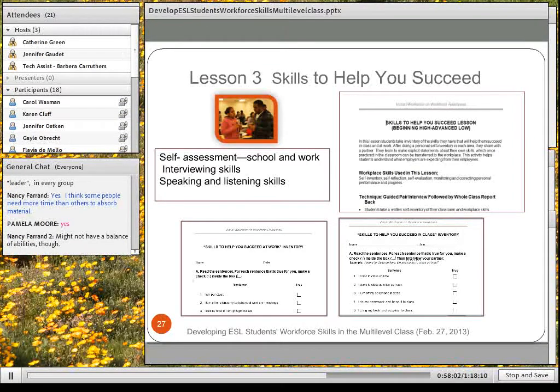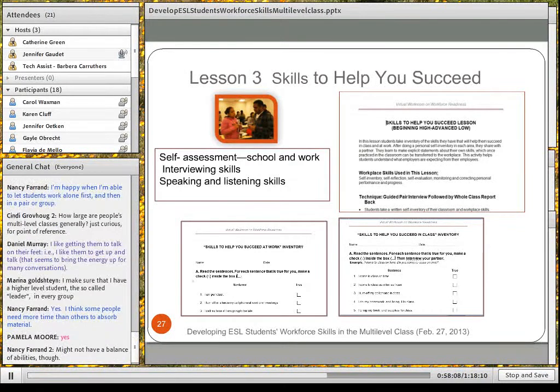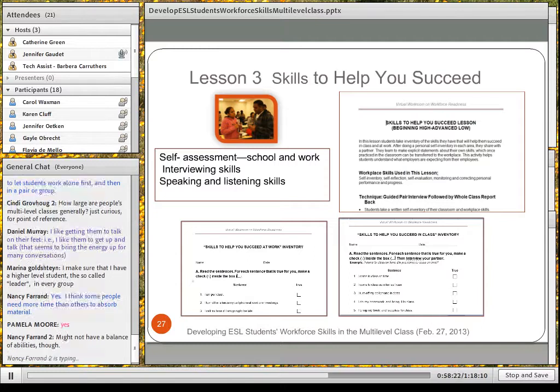On the left, we have self-assessment. These are the skills: school and work, interviewing skills, speaking and listening skills. Okay? And you'll see here there's the lesson and then 2 sheets they're going to get. Skills to help you succeed at work, skills to help you succeed in class.